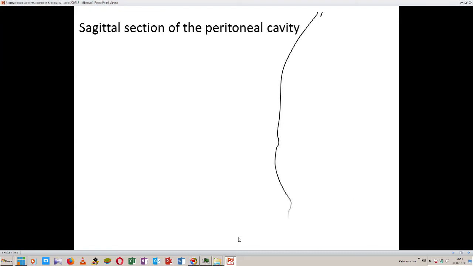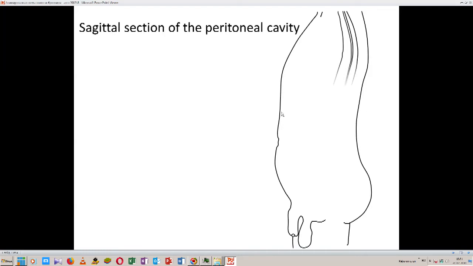First of all, let us begin from drawing the outline of our body. So you can recognize the anterior wall of the body. This is the place of the umbilicus or umbo. This is the back.